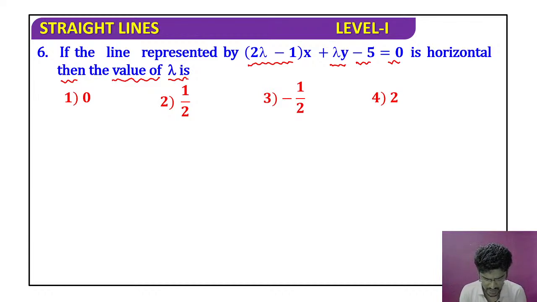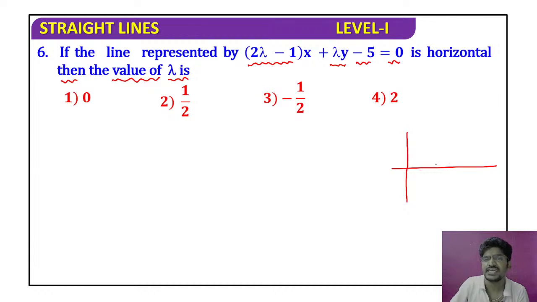Very good, some of you are giving the answers, but check your answer. Very good. 0 is correct, because you see here, this is the x-axis, this is the y-axis.